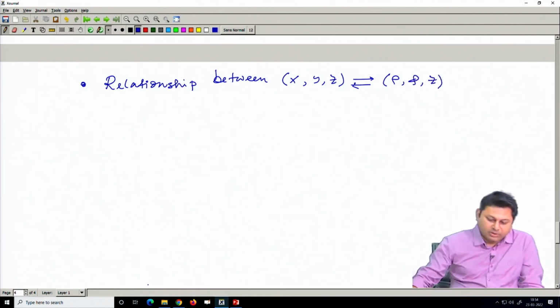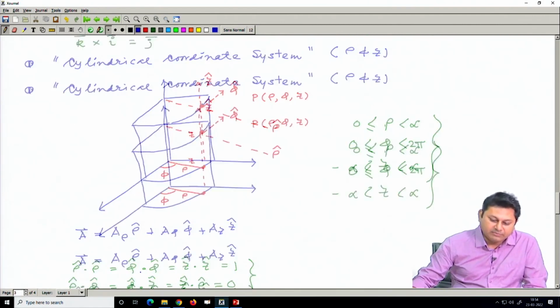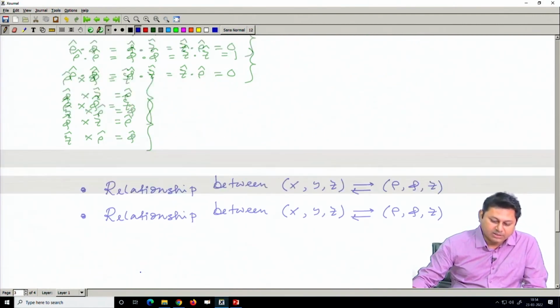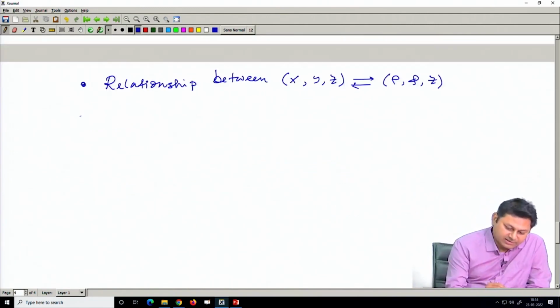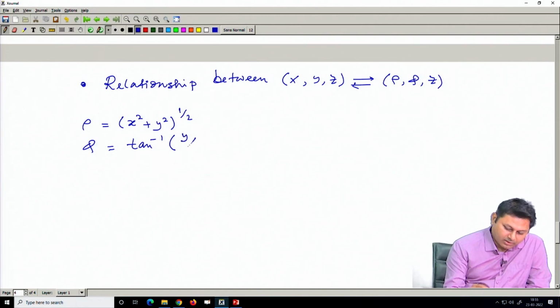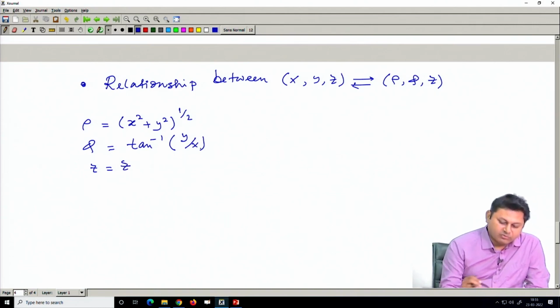Most of the students, I believe, are aware that x, y, z can be represented in rho, phi, z with a relationship, and the relationship I am writing here. So, rho is equal to x square plus y square whole to the power half. Phi is tan inverse of y by x, and z is z. This is the relationship. So, left hand side we have rho and right hand side we have x, y, z.